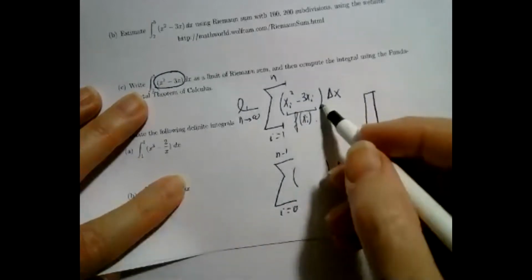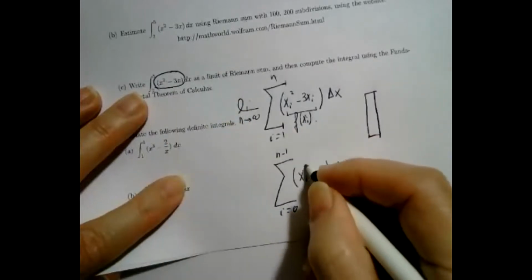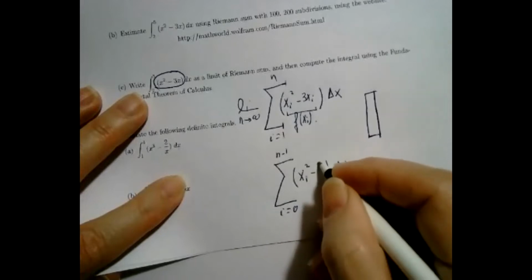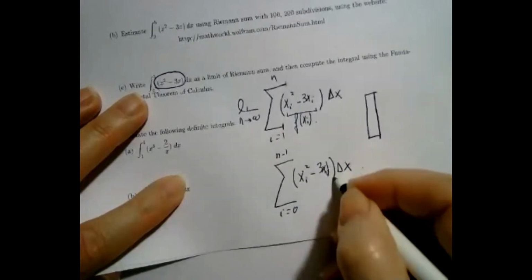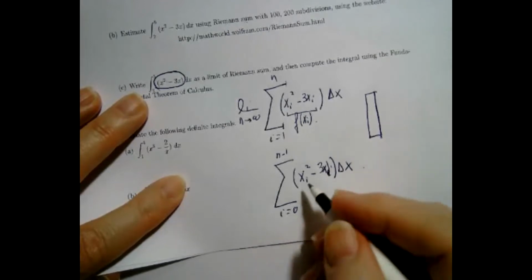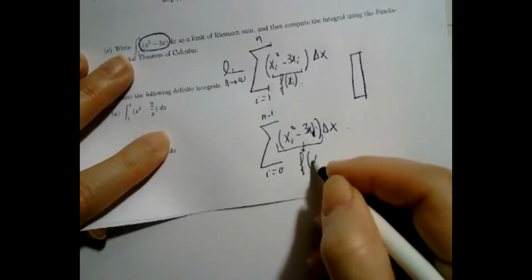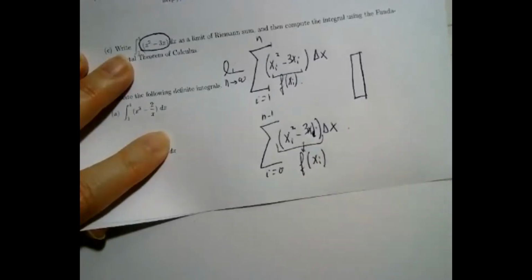It depends on the function: xi squared minus 3xi. And that's what it would look like? Yeah. This represents the value of the function at xi.